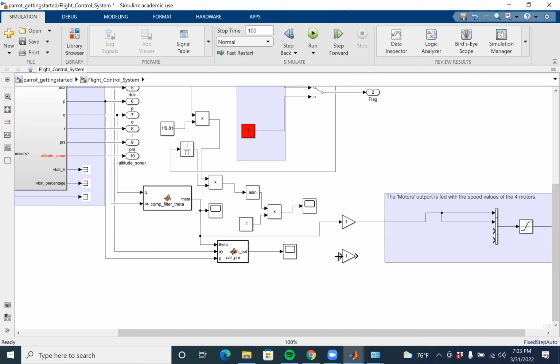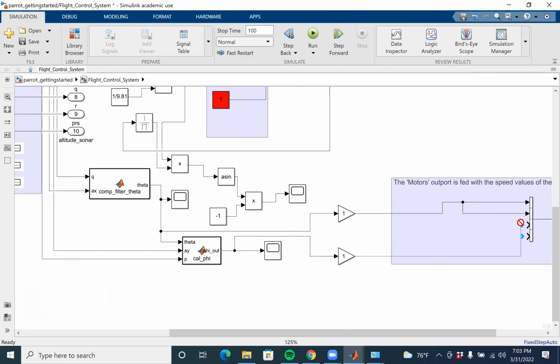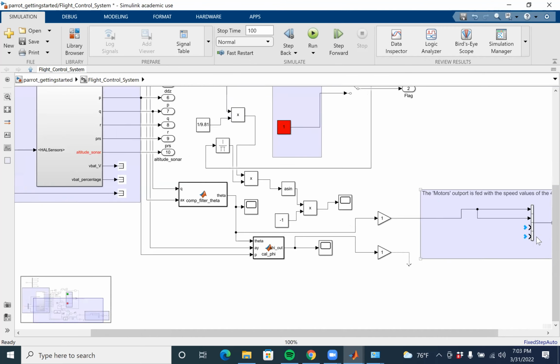I would take this one from here and feed the output to motors 1 and 2, where it should actually decrease. But to be honest with you, you don't really need it to decrease.